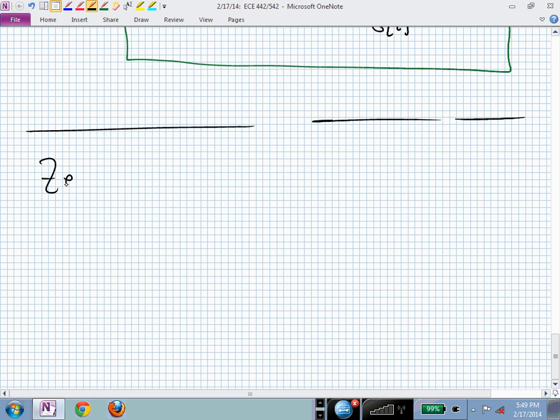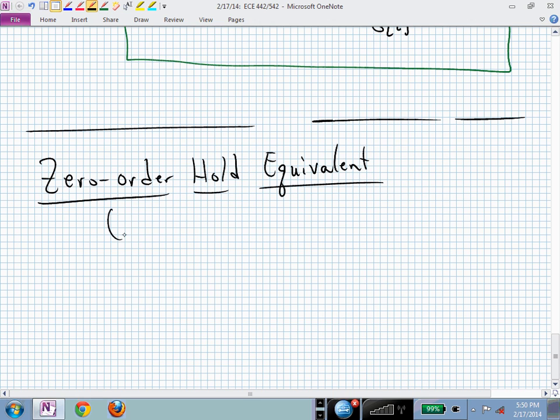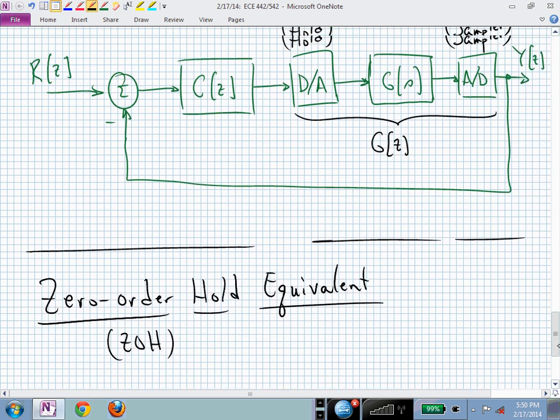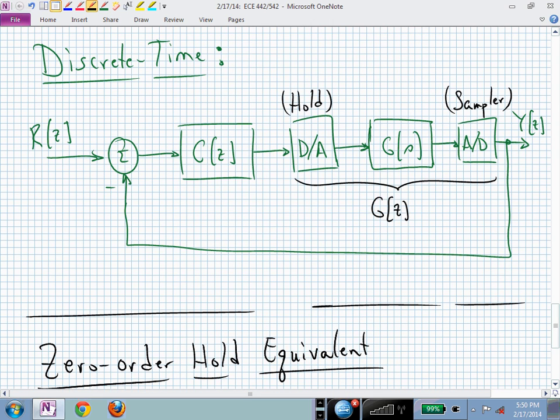So this is now our zero order hold equivalent discussion. And this is a subset of this broad class of discrete equivalence. We have the above block diagram, and if we extract from that the piece that we're really interested in, we now have, let's say, u of z, which is right here.